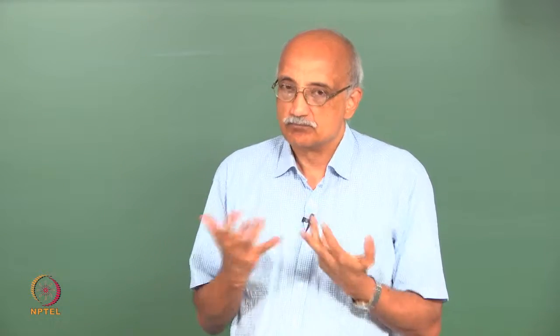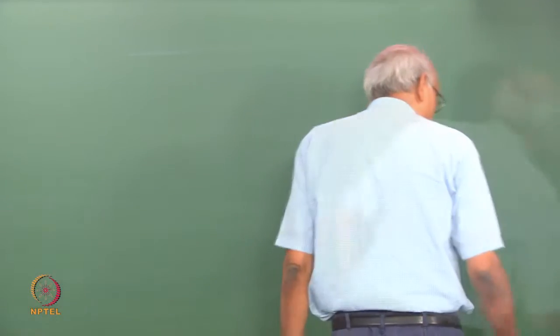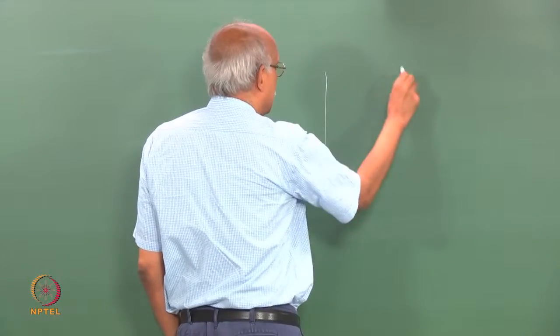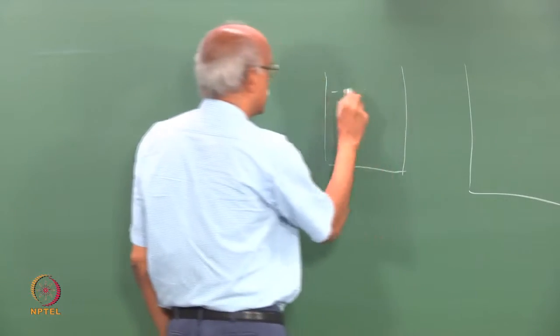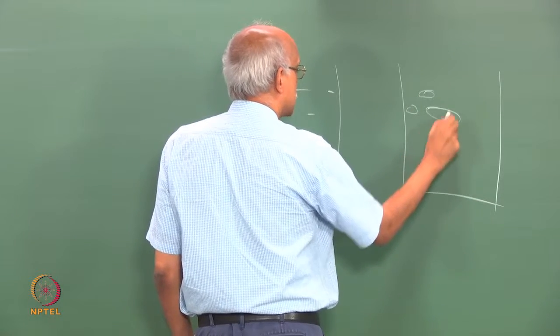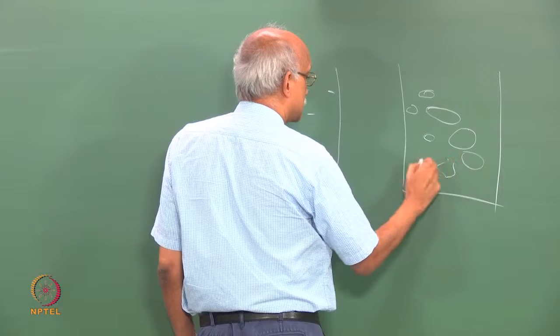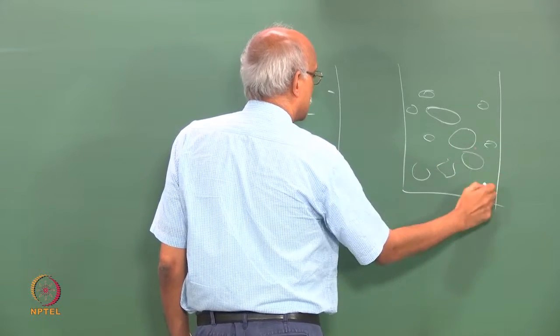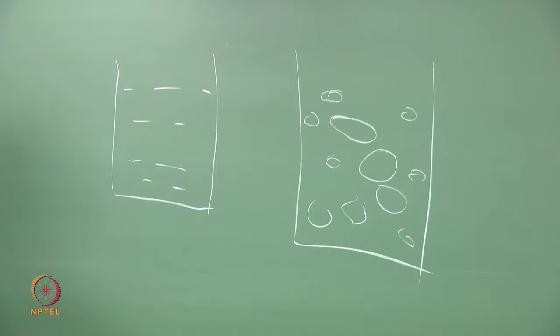So, what is the difficulty in solids compared to storing liquids? If you look at a typical container that contains a liquid versus one that contains solids of various shapes and sizes and so on, there are some similarities and some dissimilarities.